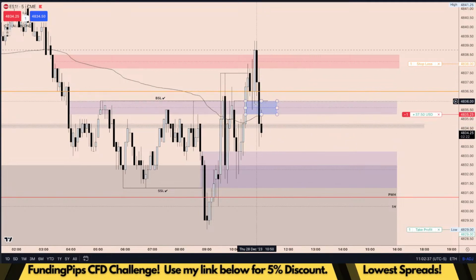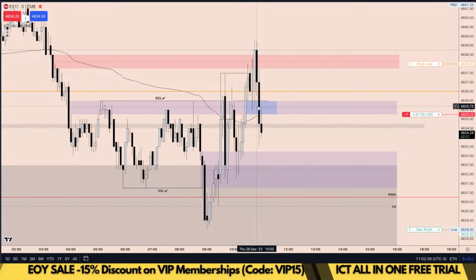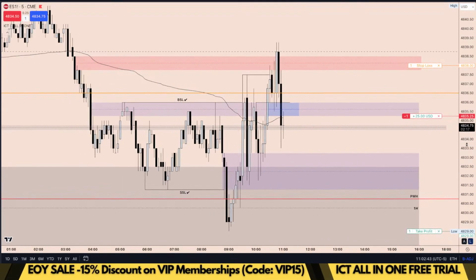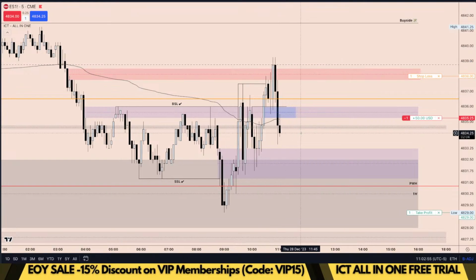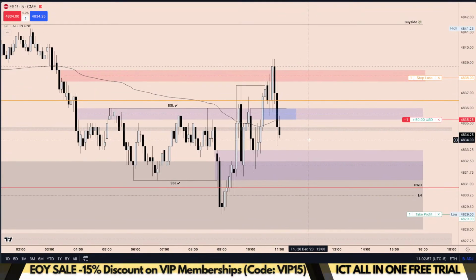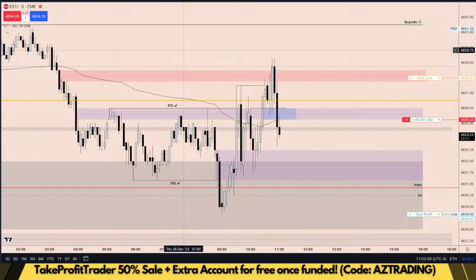From here, we don't have to go back into this range. I'm gonna take all these short-term lows out here. Otherwise, we're gonna find some support here and continue higher. And then it doesn't matter if we have our stop loss here at 4838 or at 4839. That's not gonna make a difference. At least in my opinion.